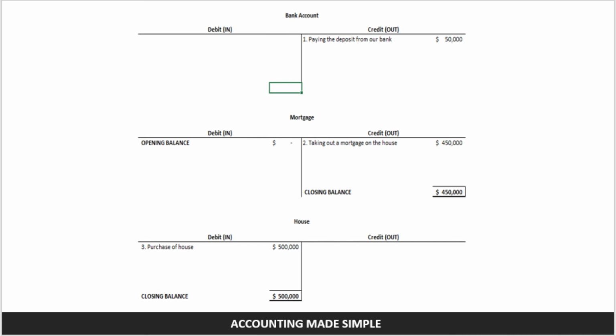The second part is to take out the mortgage on the house. This is recorded as a credit of $450,000 to the mortgage account. The last entry is to the house account. A house is coming in to our possession. So we're showing the purchase of a house on the debit or the inside of the house account for $500,000.